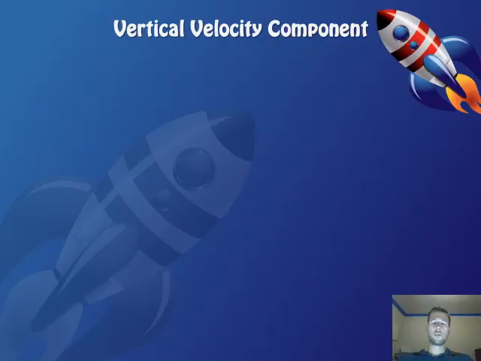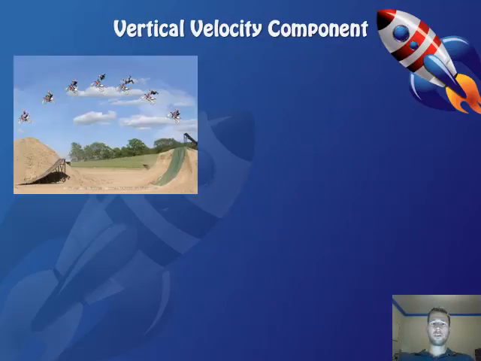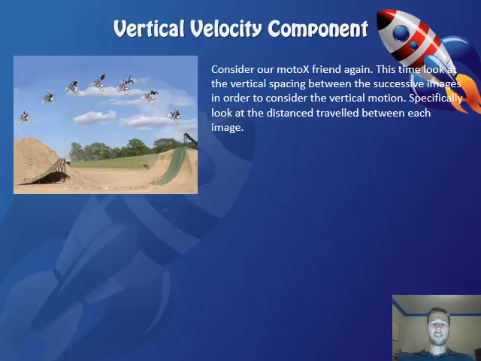Now let's look at the vertical velocity component of our motocross rider in flight. So it's the same image. This time, look at the vertical spacing between the successive images, specifically the distance traveled between each image. Looking at image 1 and 2, we can see the distance that's been displaced or translated is this distance here, and you could say it's large.